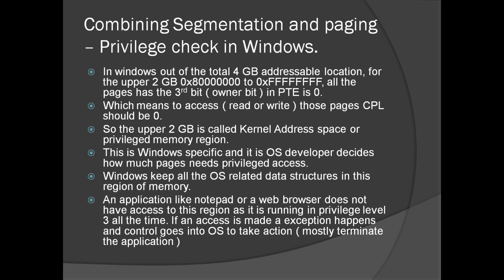CPL, both are same. So the upper 2 GB is called kernel address space, or privileged memory region. This cannot be accessed from any ring other than CPL equal to 0.